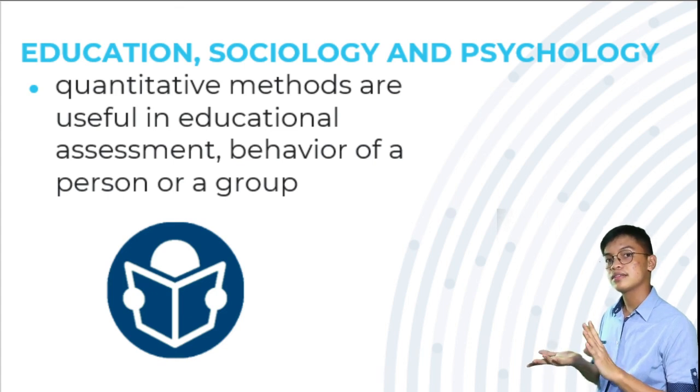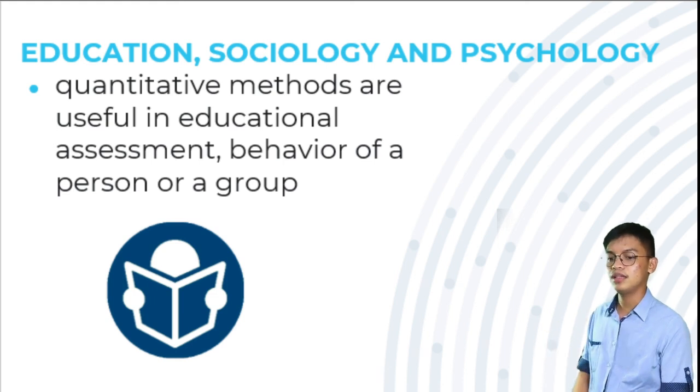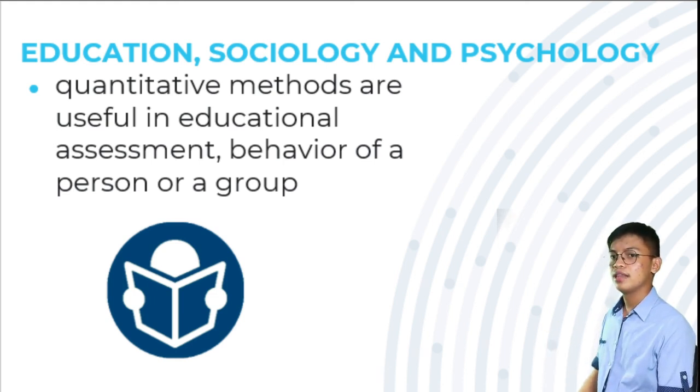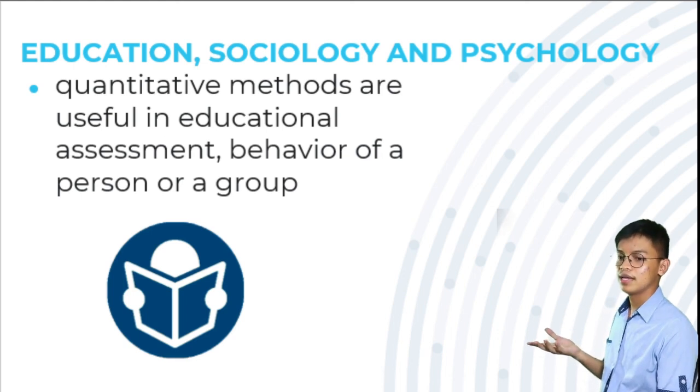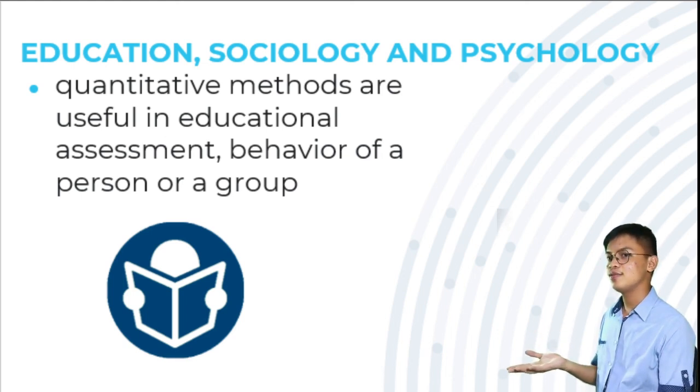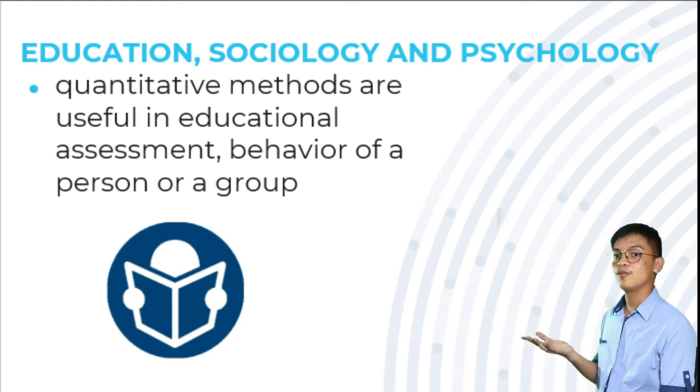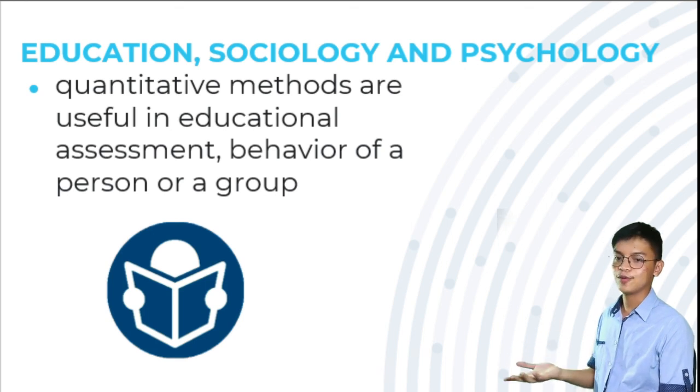So that's looking at the behavior of groups of people. That's one product of quantitative research. In the field of psychology, psychologists develop tests so that they can better understand the behavior and mental processes of individuals. So we have your IQ test, EQ test, social quotient test, or your SQ test, and so on.